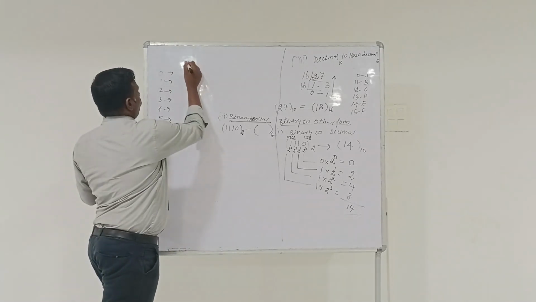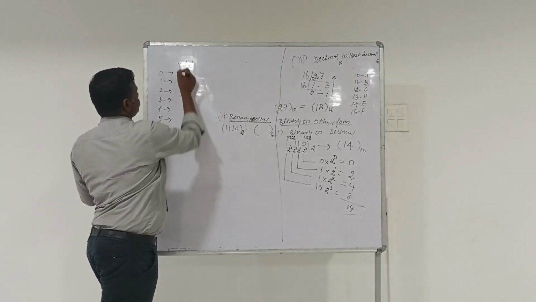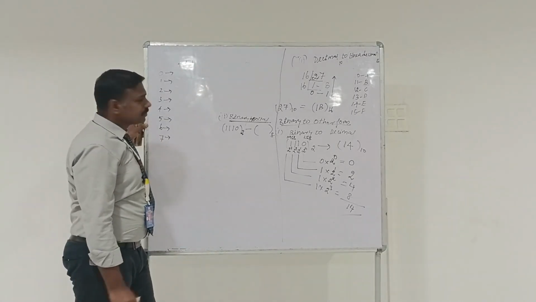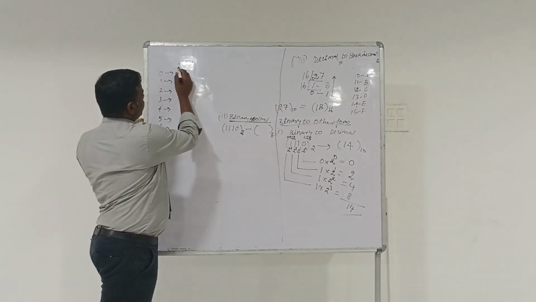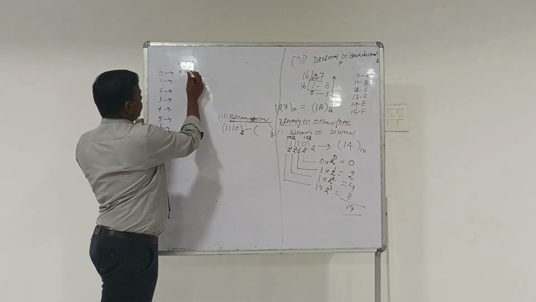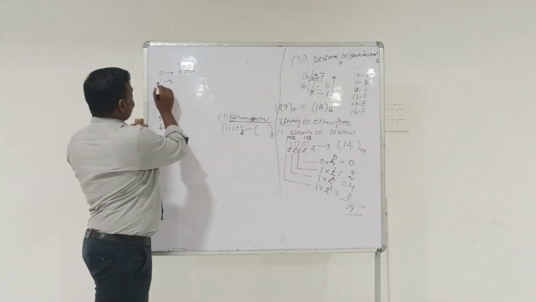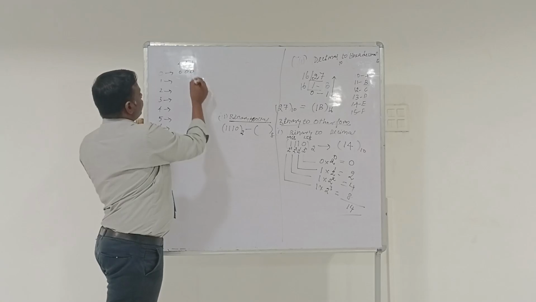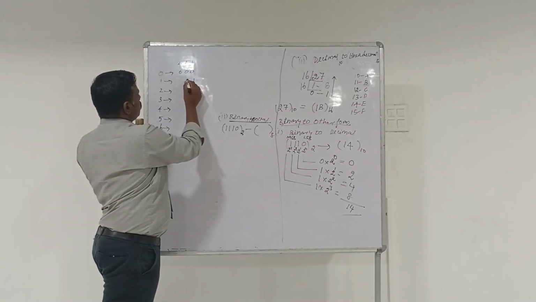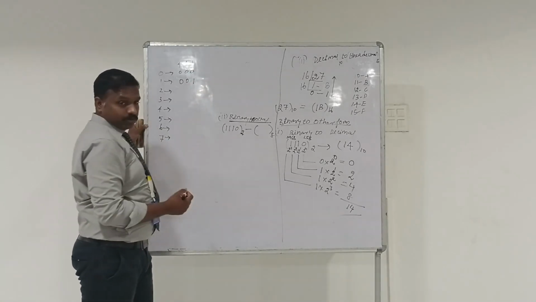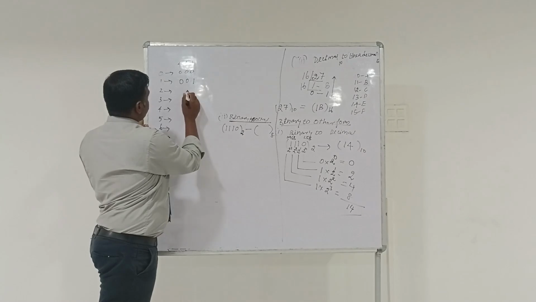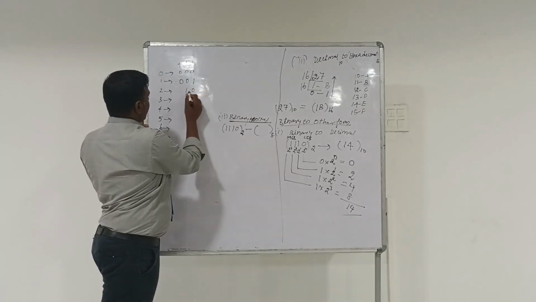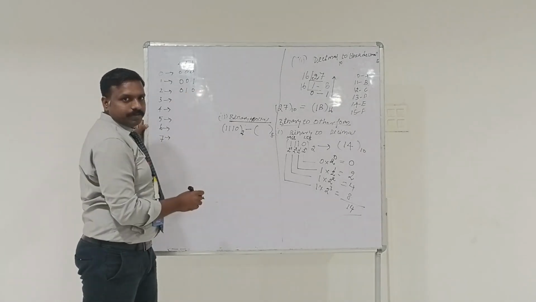So I put 4, 2, 1 format. For 0, I have to disable all the digits, then only I get 0. For 1, I have to enable 1 only, disable the 2 and disable the 4, then only I get 1. For 2, I have to enable the 2 only, and disable the 4 and 1.